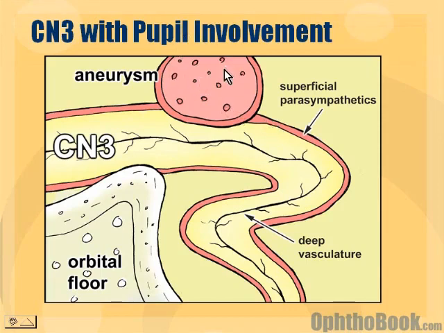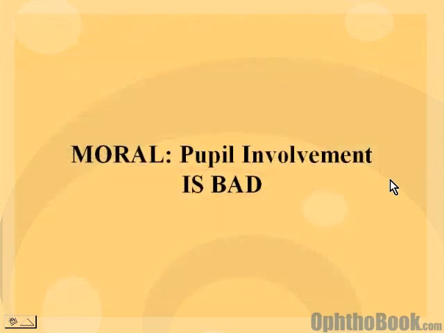So if you have an aneurysm or a tumor pushing on that cranial nerve 3, then very often the pupil will be involved, while diabetes or hypertension, being nice and deep inside the nerve, will sometimes spare the parasympathetics. So pupil involvement is crucial to see and to document if you have a third nerve palsy. The moral of the story: pupil involvement is bad. And realistically, if you have a third nerve palsy of any sort in this day and age, it probably makes sense to image because it's something you do not want to miss.